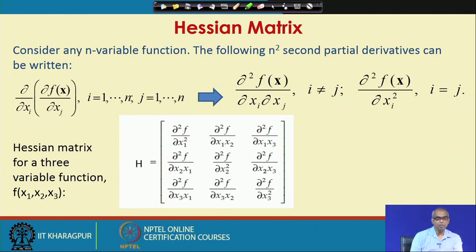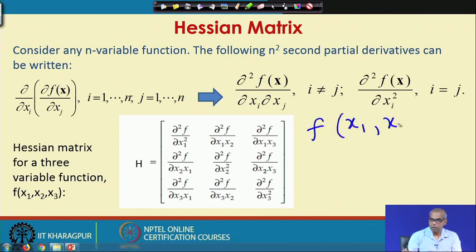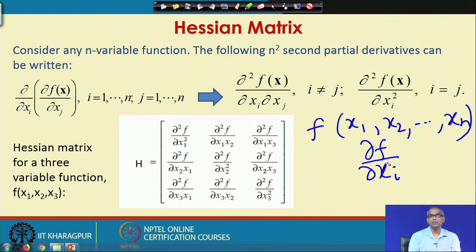You consider an n variable function, f(x1, x2, up to xn). You have the first partial derivative del f del xi, i equal to 1 to n.